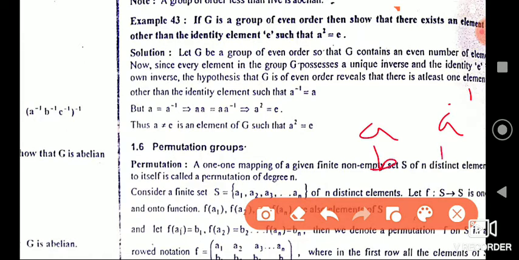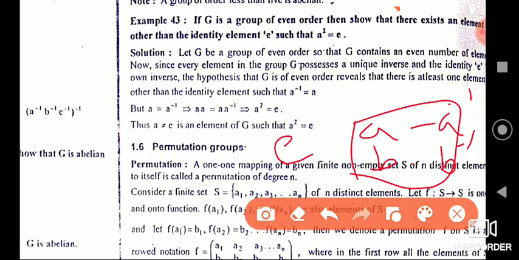If you have B, then there should be B inverse. So both will be there, and C inverse, right? So if you have A inverse, B inverse will be there, and there will be some other element E which is none of these, right?